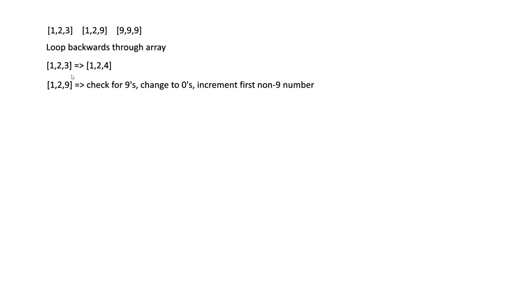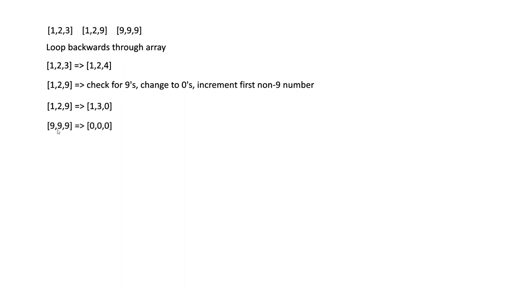And then we're just going to loop through again, decrementing i by 1, and then this will make the 2 a 3. So same logic, it's just we had to do another pass because the last index was 9.